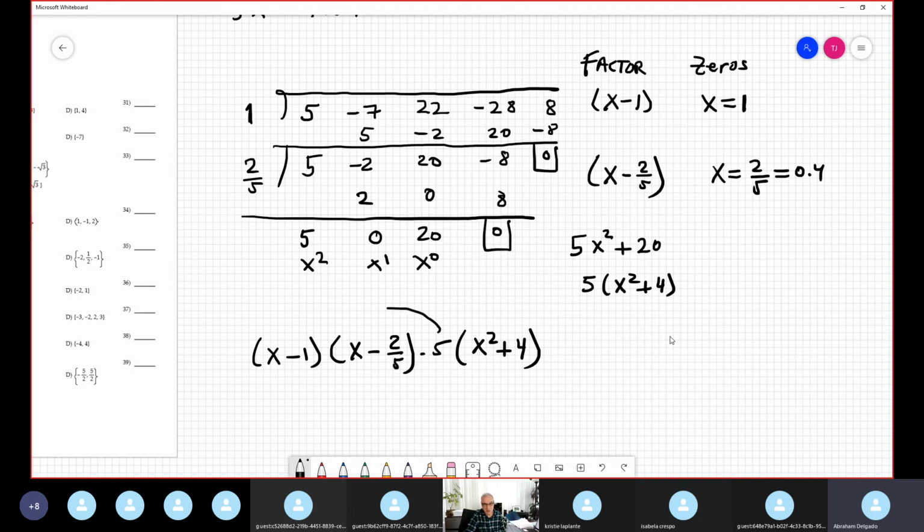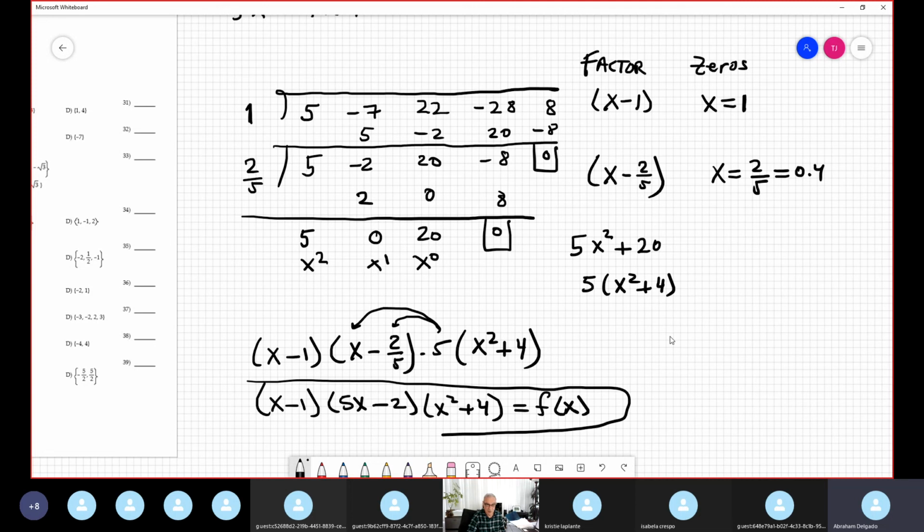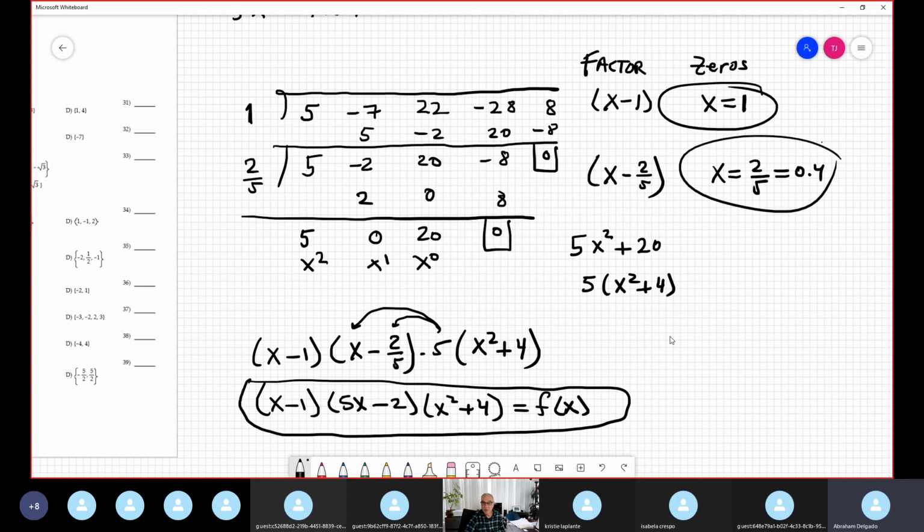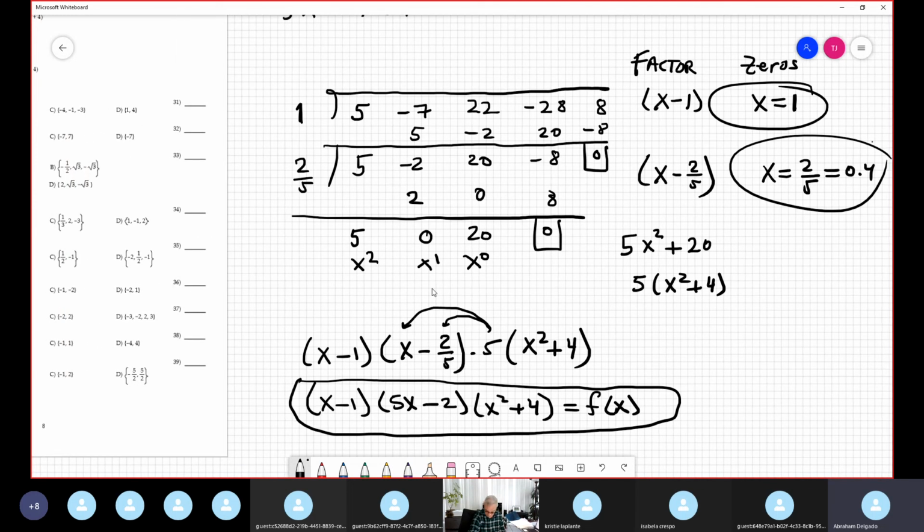You multiply the 5 by x minus 2/5 and you have x minus 1, times 5x minus 2. The 5 disappears because I put it inside the parenthesis, times x squared plus 4. And this is the nice factorization for our polynomial. And the real zeros are 1 and 0.4, or 2/5. Exactly, as we predicted.